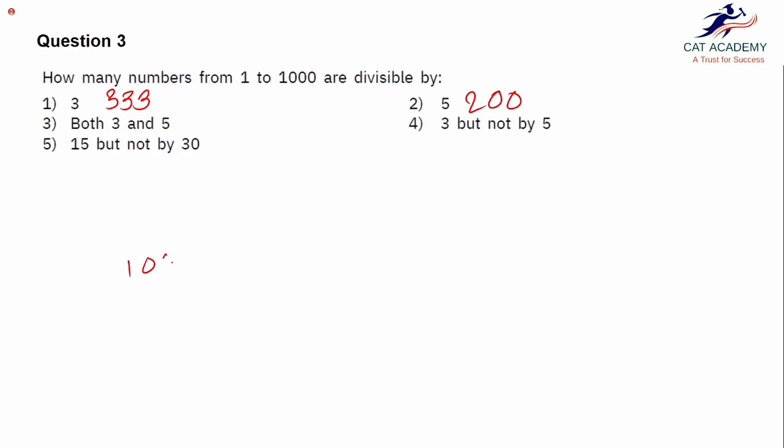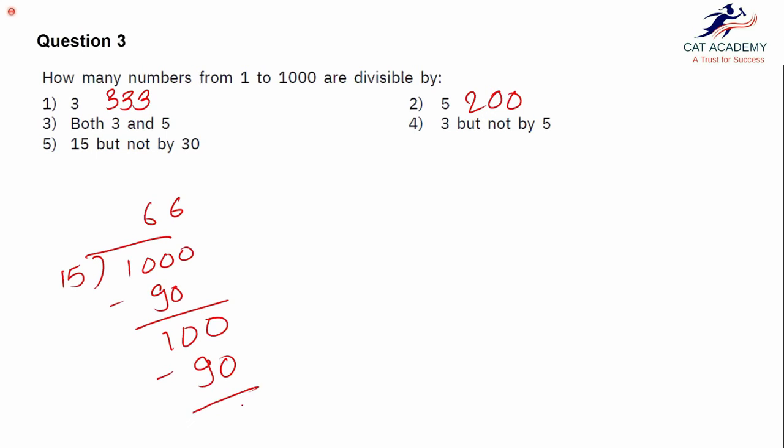So divide 1000 by 15 and check the quotient. 15 sixes are 90, remaining 10, again 6 are 90, remaining 10. Again, 10 is the remainder, but 66 is my quotient. That means I have 66 multiples of 15 within this range.